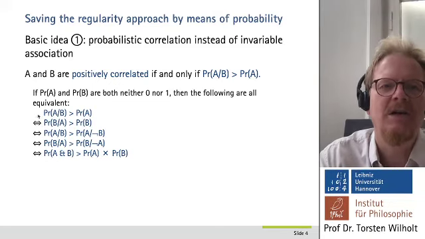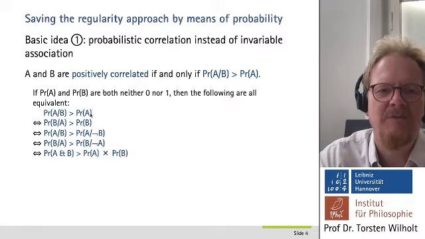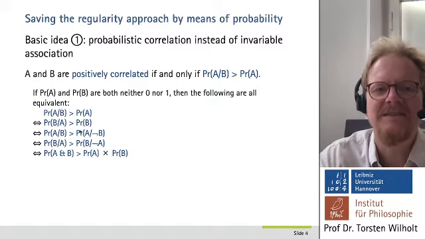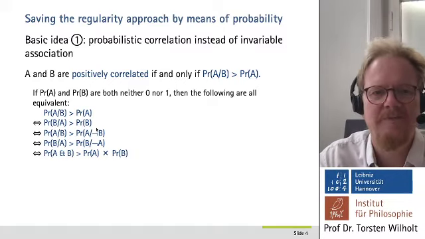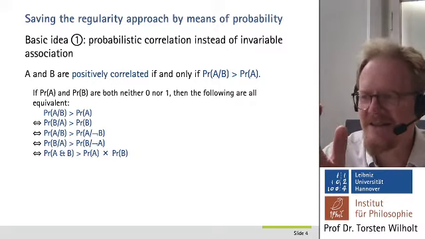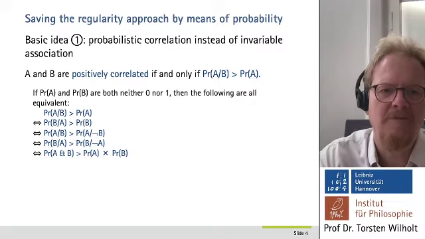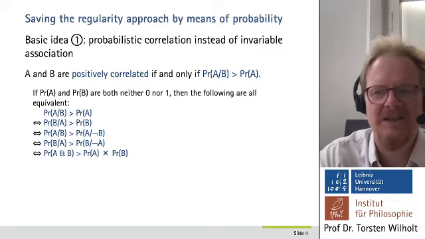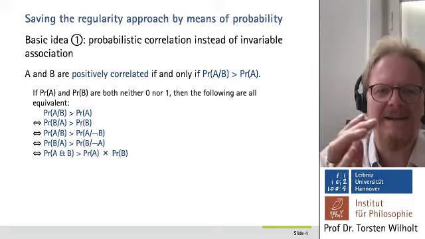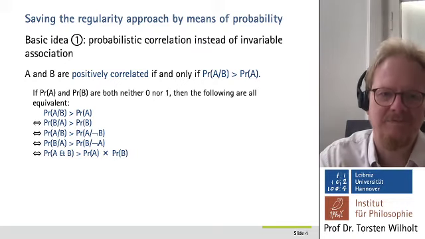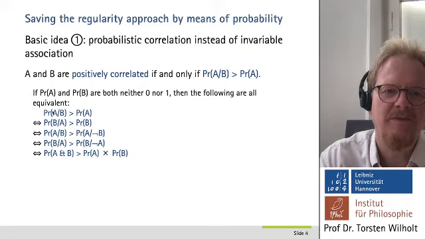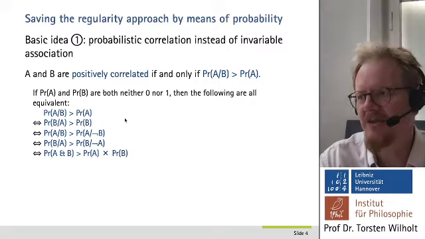Okay, so the probability of A given B is larger than the probability of A alone if and only if the probability of B given A is larger than the probability of B. You can easily see this if you calculate the probability of A and B once from these two terms and once from these two terms, and then compare the equations.